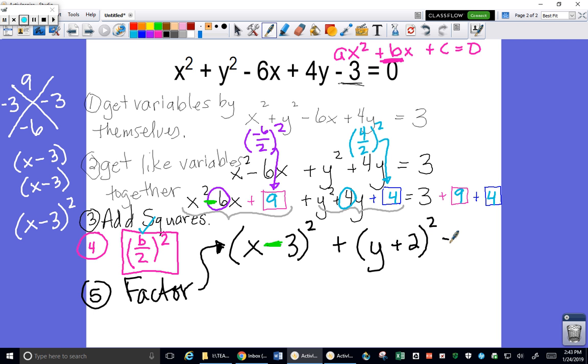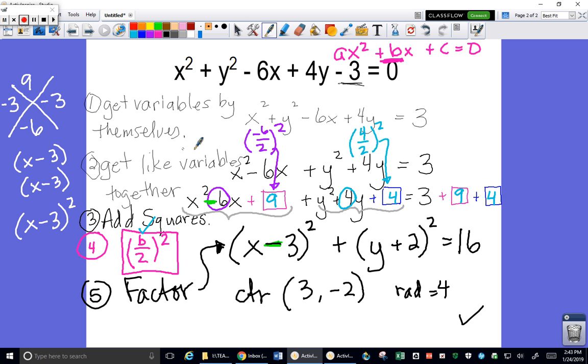And then on the right side, we have 3 plus 9 plus 4, which I hope is 16. So there is your standard form for a circle, where we can quickly say the center is +3 and -2 from the y value, with a radius of the square root of 16, which is 4.